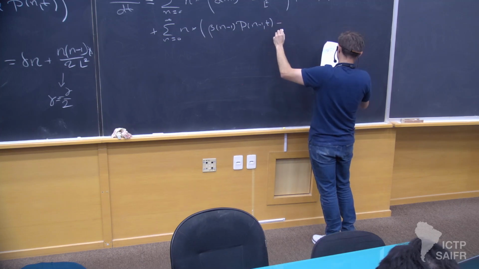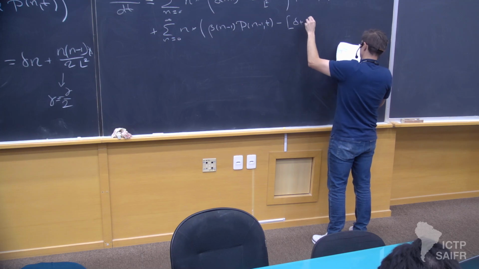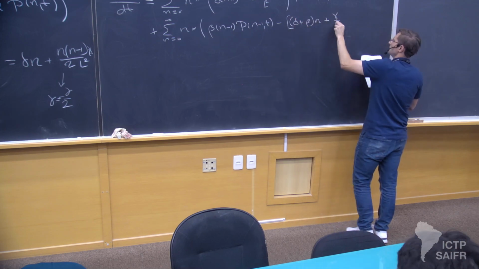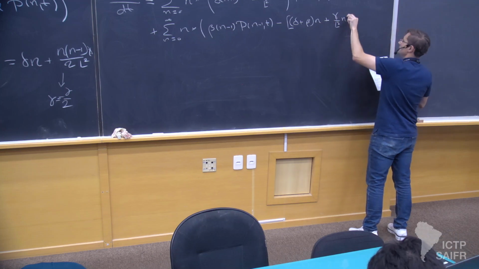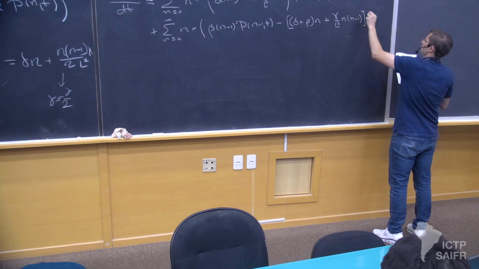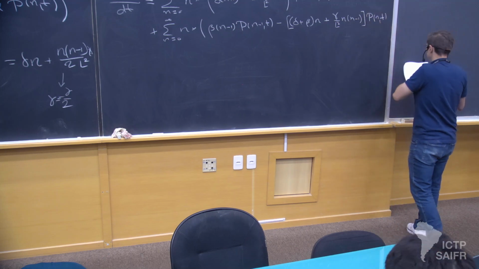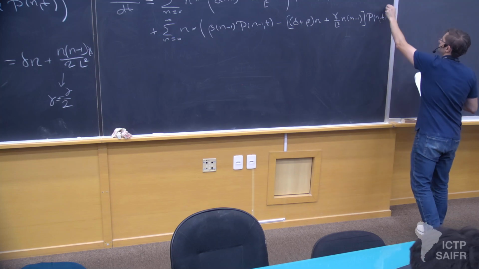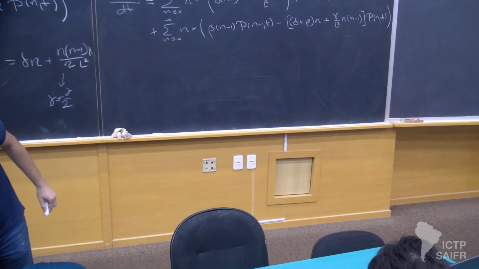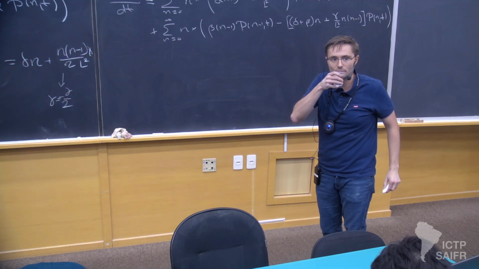Minus delta plus beta times n plus gamma over L squared n minus 1, P n of t. You now need to still work a little bit with the indexes the same way we did. It's all very mechanical, so I'm not going to do that.